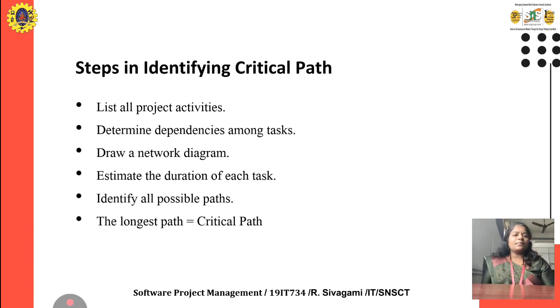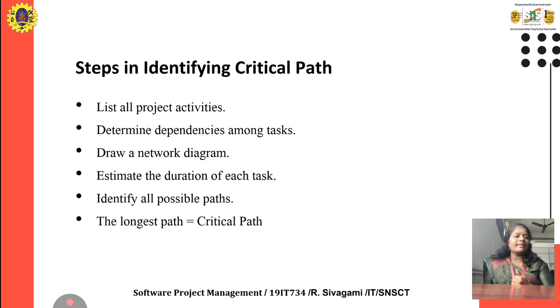The next topic is the steps in identifying critical paths. What are all the steps we are going to do to find our critical path? First, list all the project activities, and then determine the dependencies among the tasks, finding what dependencies occur among our tasks.